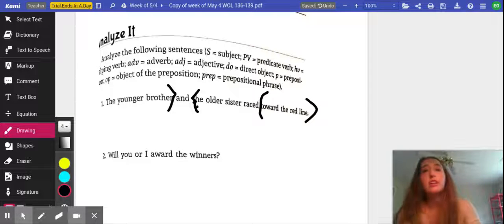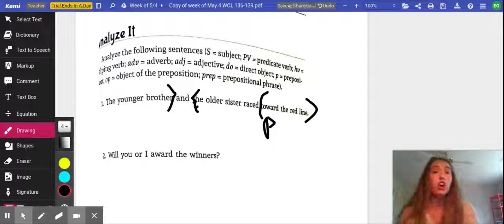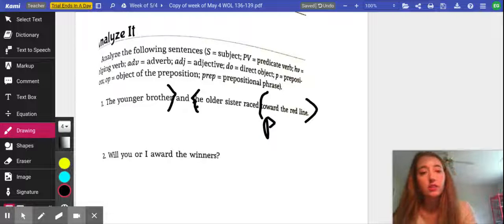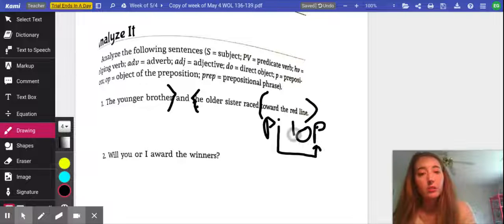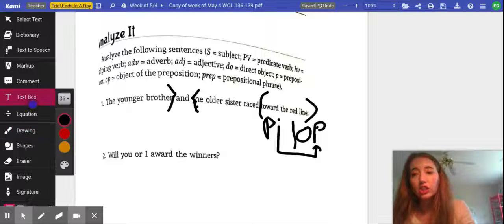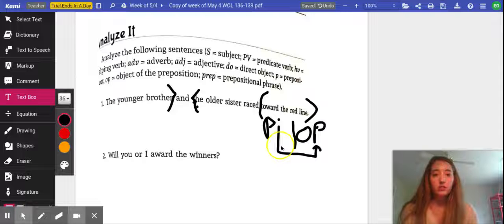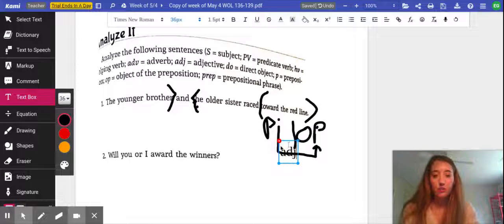Now, toward is our preposition, and line is the object of the preposition, and you can find that by answering the question, the younger brother and the older sister raced toward what? Line. The and red are both adjectives modifying our object of the preposition.